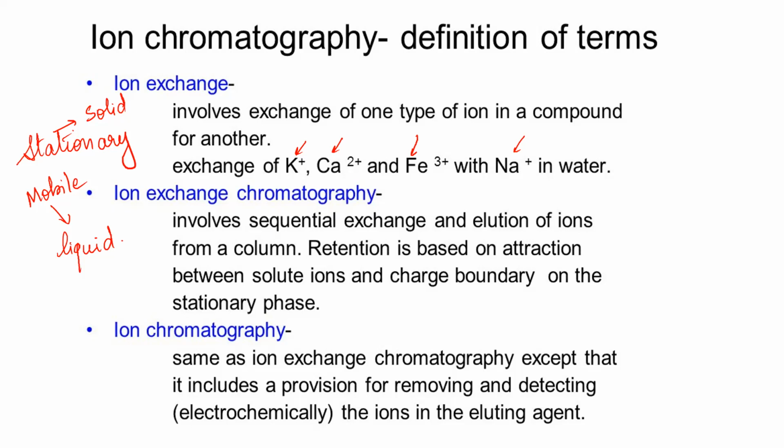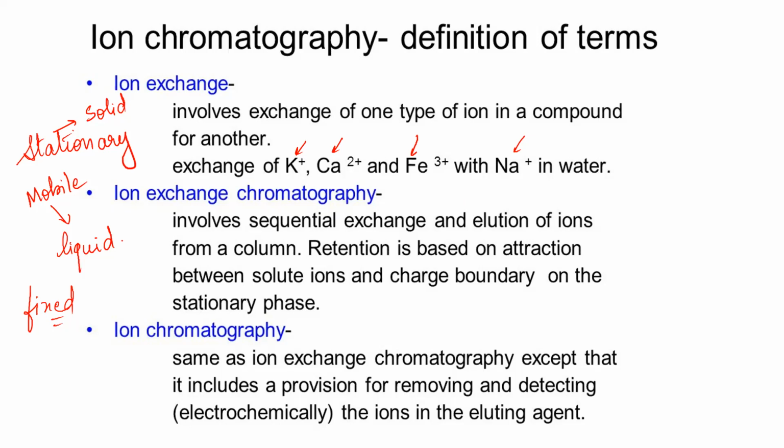Here the stationary phase is always fixed, like in all other chromatography. Even in gel permeation chromatography, the beads that were the stationary phase are fixed. You do not change the volume of your stationary phase in ion exchange chromatography either. You do not add extra later on, or remove any. It's fixed.